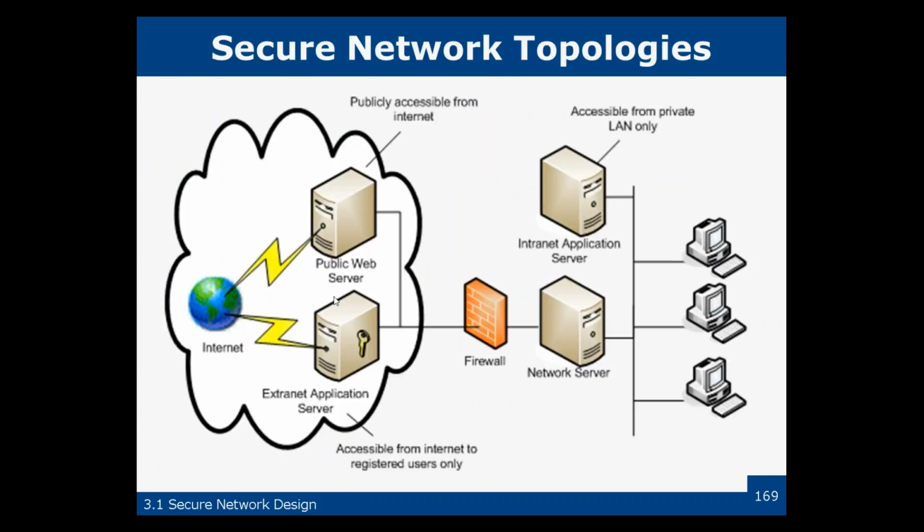So with secure network topologies, in this case, we have firewalls here to protect our internal resources. This diagram kind of shows what we do. We have a public web server and an extranet application server. The internet, it shows it connected.